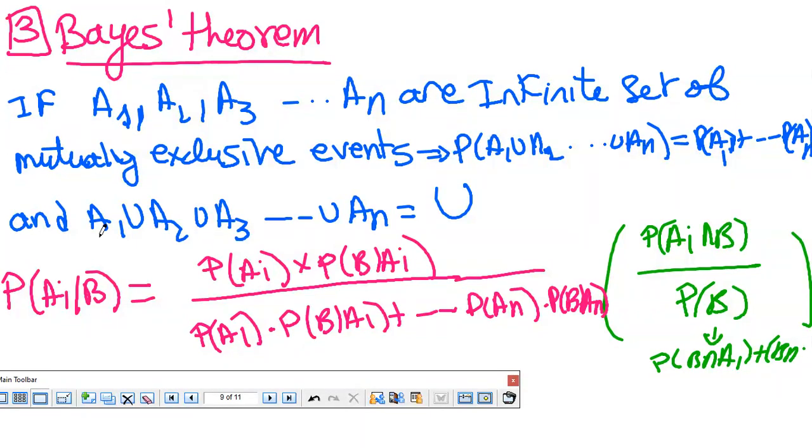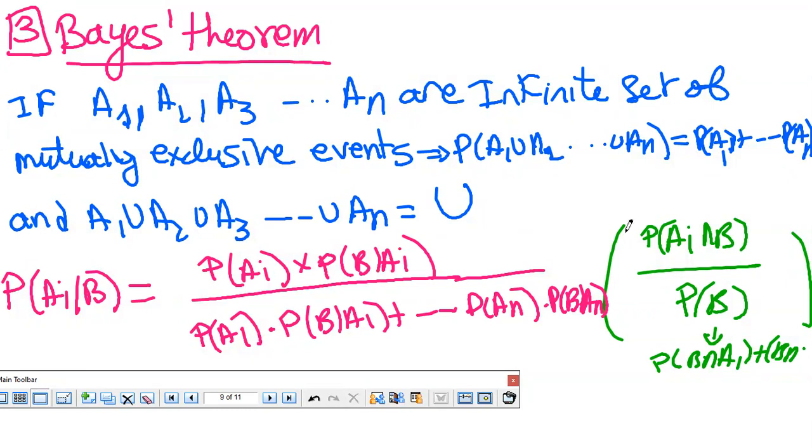And also it means that A1, A2, A3 represent the whole set. The probability of Ai given B is P of B given Ai times P of Ai over P of A1 times P of B given A1 plus and so on. Okay, you're going to look at the formula and say, what is that? I didn't understand anything. Okay, I will explain the formula by doing an exercise.